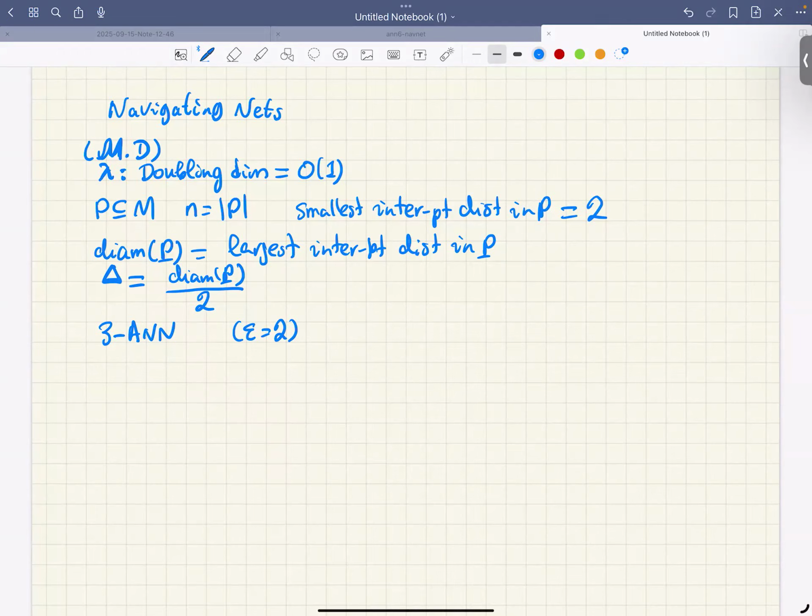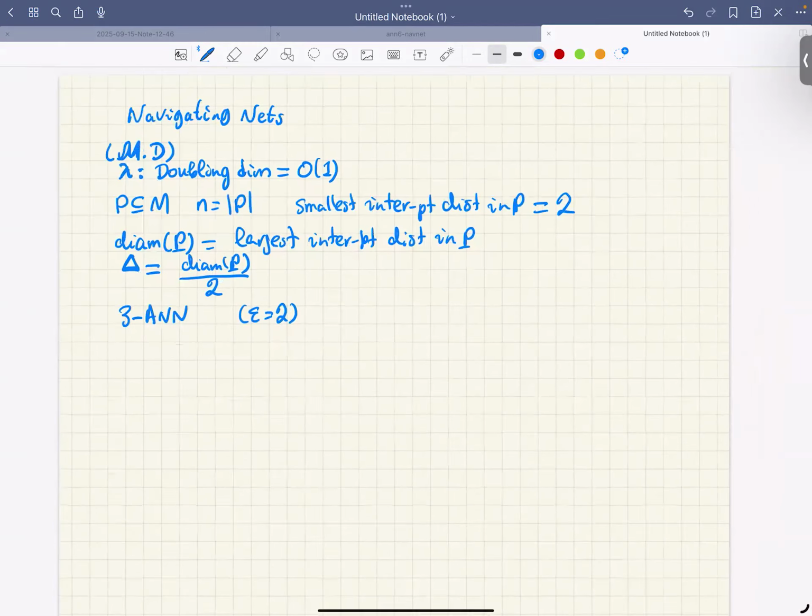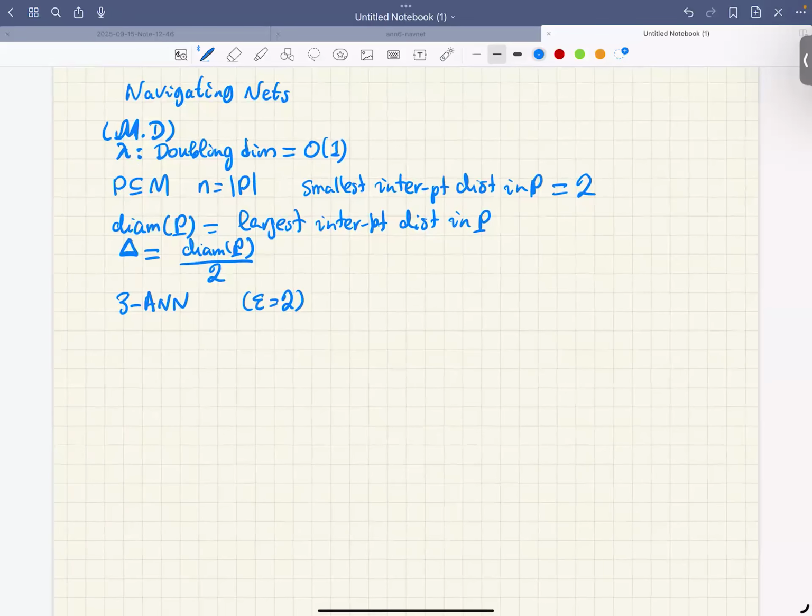This navigating net can be adapted to support any value of epsilon. However, the full version will not be as simple as what I will present. It will be something more complicated. I think it's very important to get the main ideas first. Then, if you want, you can go and read the paper.